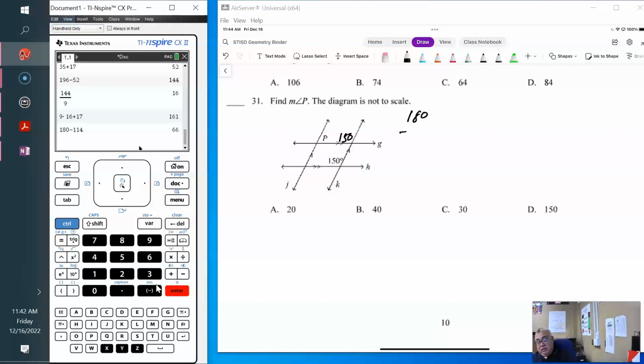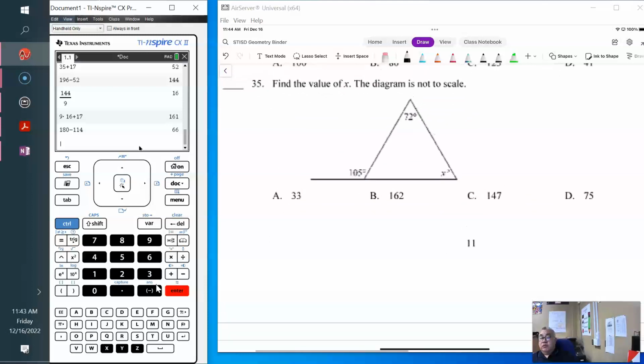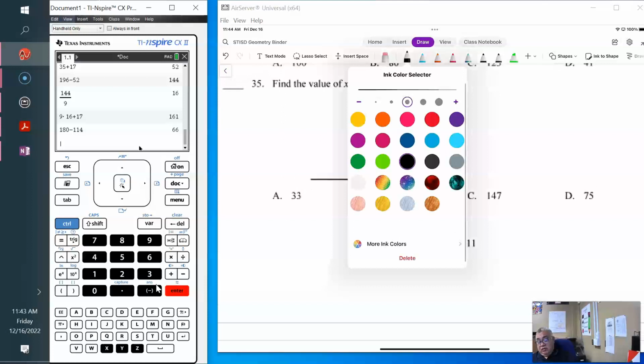So it's 180 minus 150, which gives you 30. So this angle has to be 30 degrees. So your answer is C. So what you need to understand is that corresponding angles are congruent. You also need to understand that same side interior angles are supplementary.